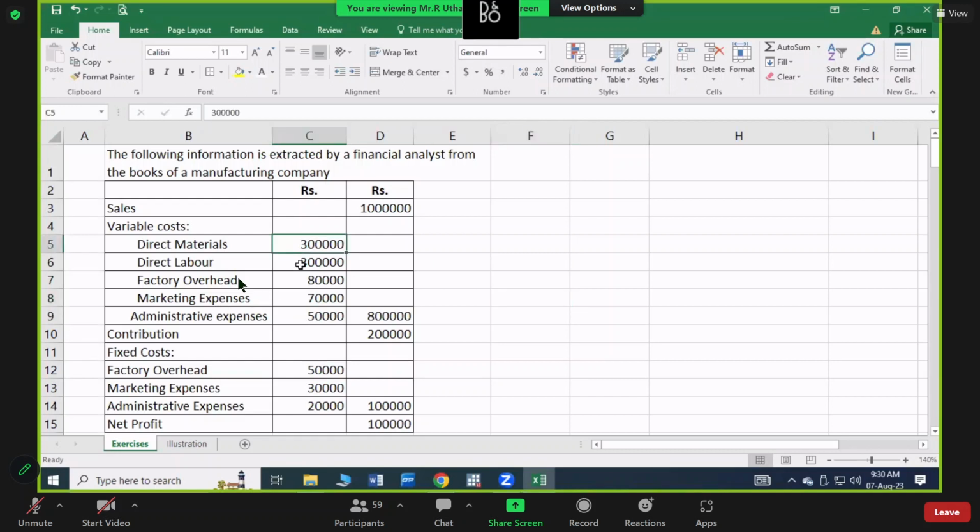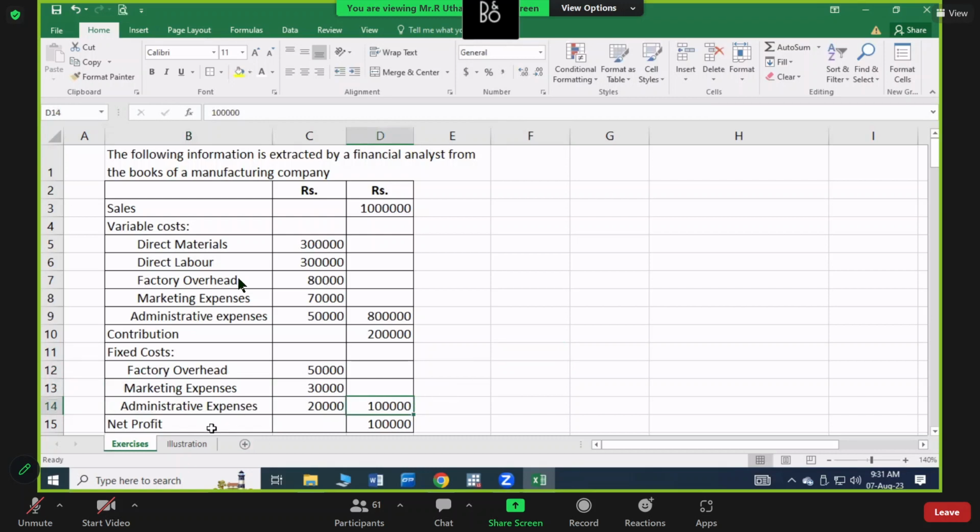So the variable costs given here total 8 lakhs. This is a distribution, so you don't worry about the distribution; you take only the total. Then the contribution is given, that is sales minus the variable cost. Then the fixed cost is given: factory overhead, marketing expenses and administrative fixed cost, altogether 100,000.